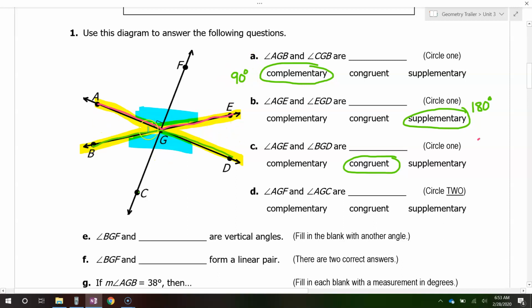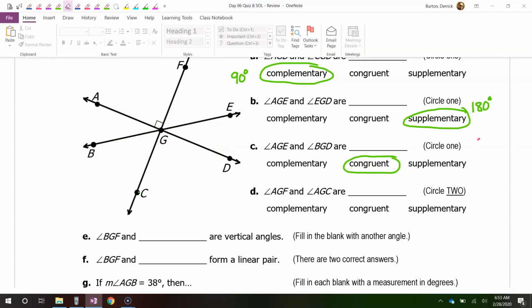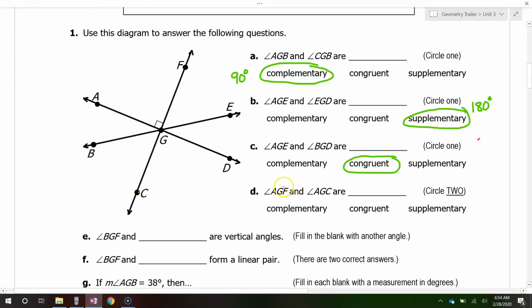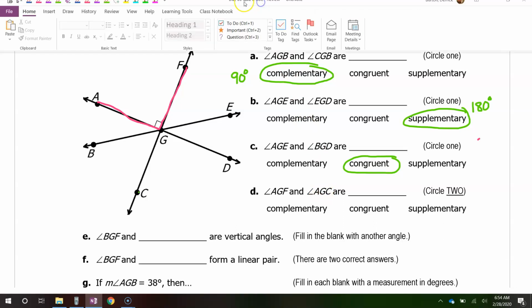All right, the angles side by side here, they would also be congruent. They're also vertical angles. All right, reset. Okay, angle AGF. AGF is right here. How about angle AGC?